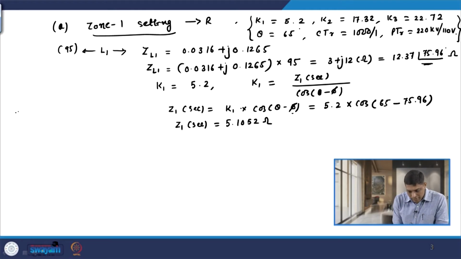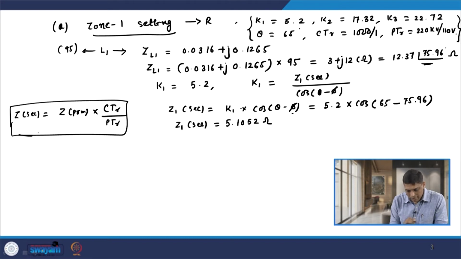Now we know that Z secondary is equal to Z primary into CT ratio divided by PT ratio. This equation we know, we have already discussed this. So using this equation we know the secondary part, so we can easily find the primary part.